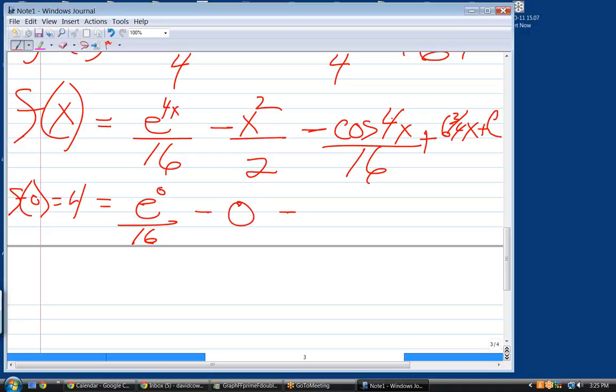And then, what is cosine of 0? In other words, you can turn that into a number. 1/16. Okay.